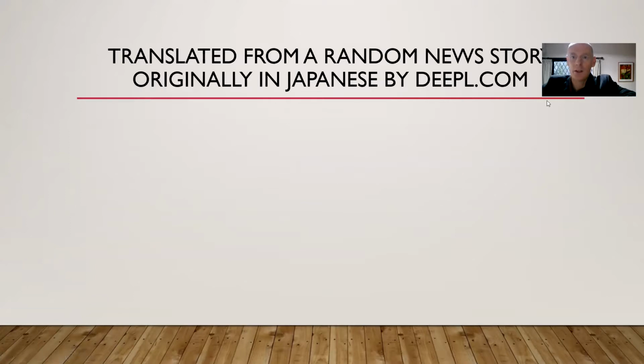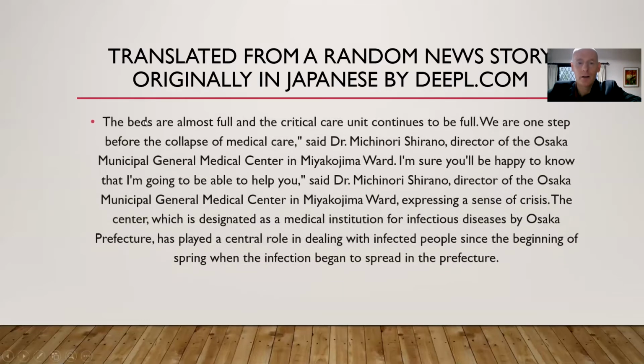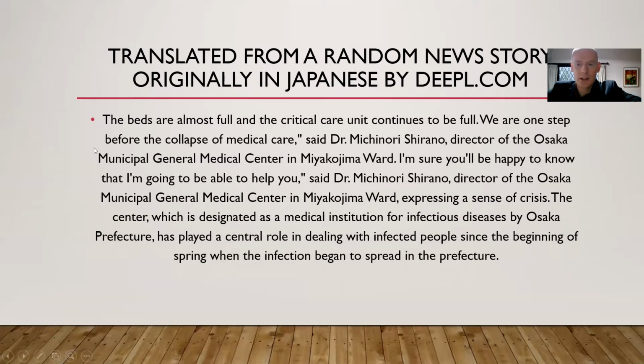Right, so I just want to show you a quick extract of something that was translated, a story that was chosen at random and just translated by deepl.com. So I'll give you a second to look at this. So the point I want to make here is I would consider this to be a very good paragraph.